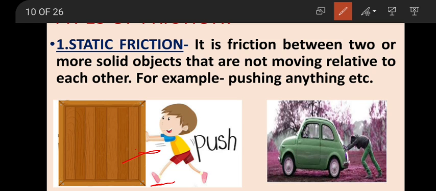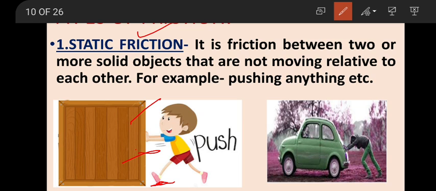So you are trying to push the heavy object by applying some force, but the friction that exists between the heavy object and the surface of the ground is called static friction.